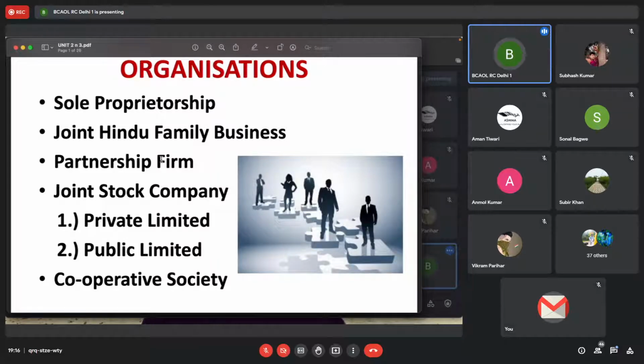After that comes your joint stock company. That is a very mature form of business organization, whereas all these are basic organizations, depending upon what resources you have at hand and what your goal is in going about the business. Because when we talk about the company, it usually involves huge investment.